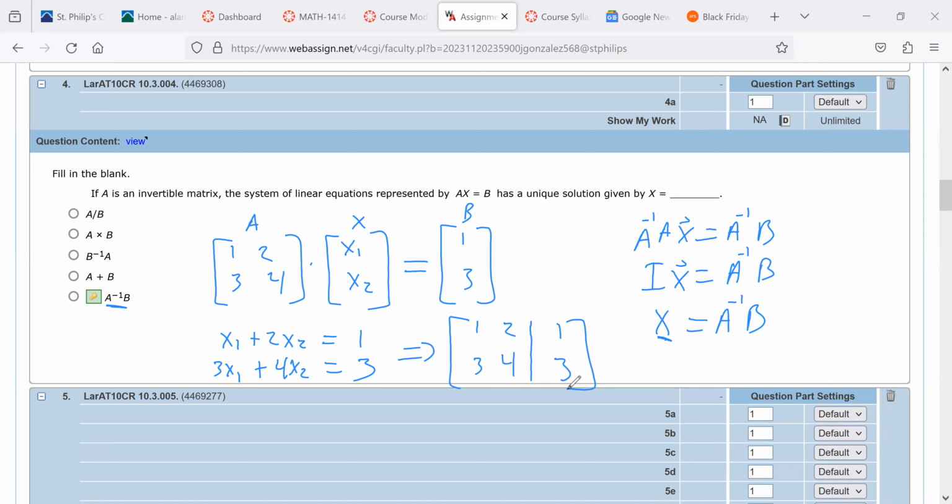We can either solve this to get x1 and x2, or punch it into the calculator, but you would have to find A inverse first. Does that make sense? Like where this formula came from?